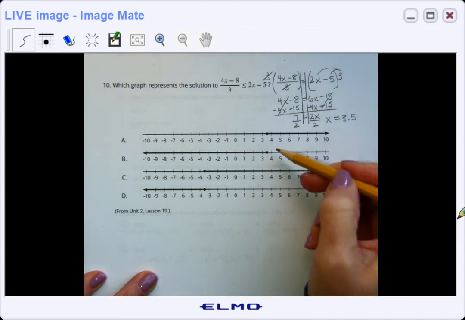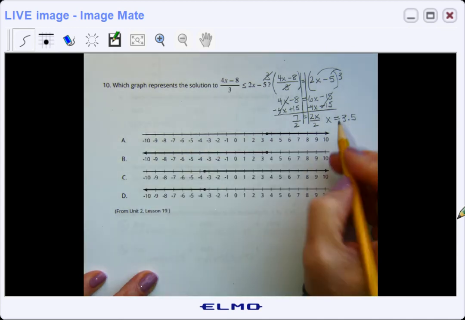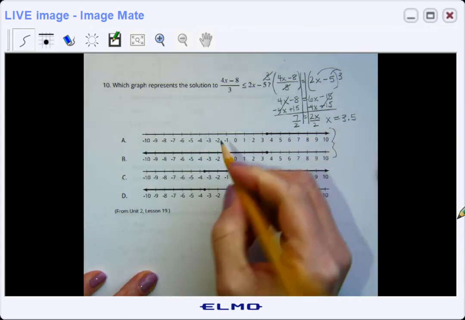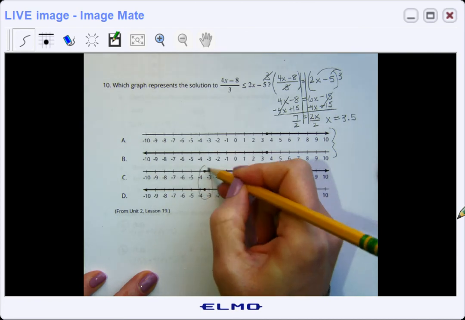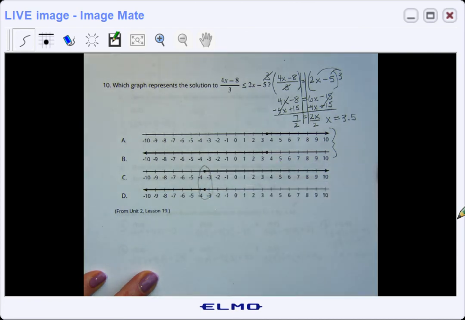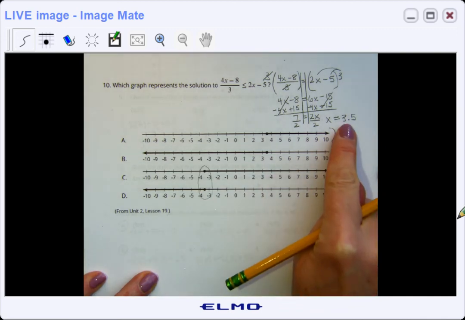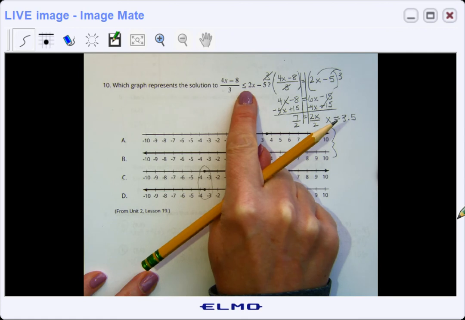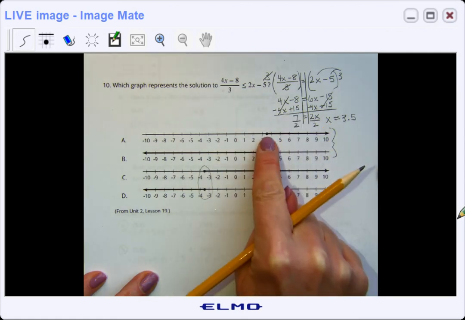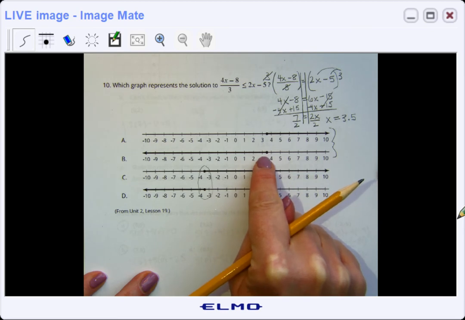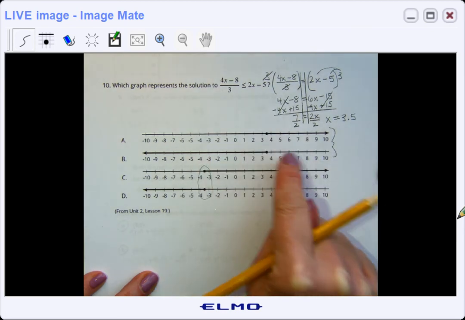So I know it's going to be either A or B because C and D have that starting solution at negative 3.5. So I know it's going to be on the positive. However, I don't know if the solutions that make the inequality true are greater than 3.5 or less than 3.5. And so I have to figure that part out.